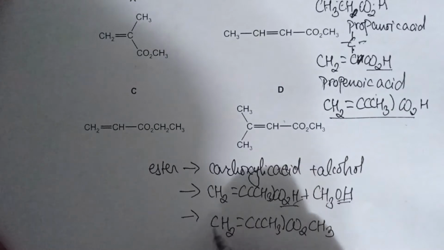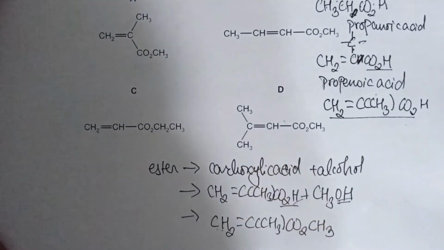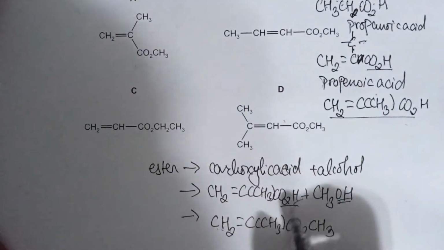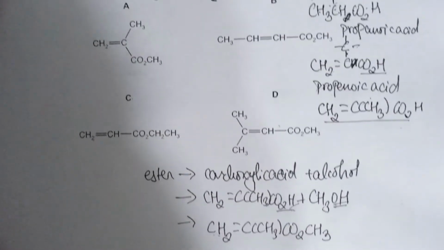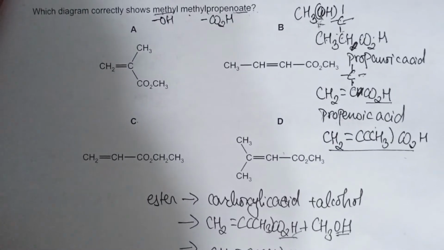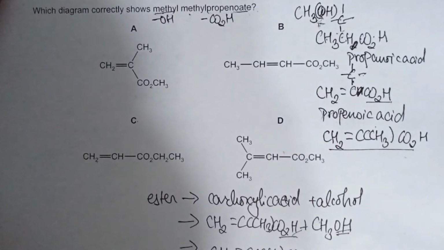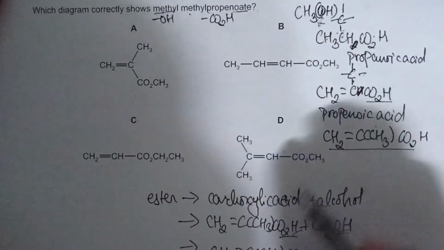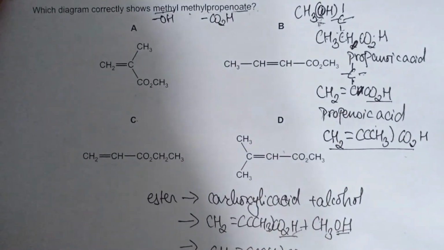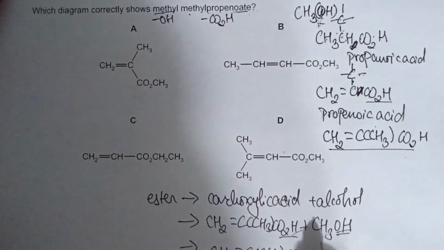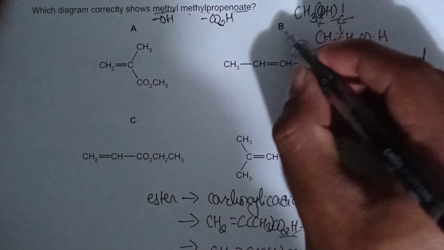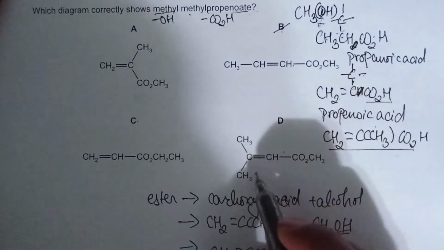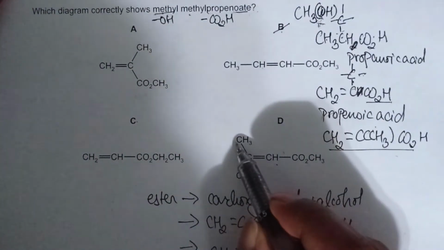Now let's look at the options first and eliminate the obviously wrong ones. In our final answer, the double bond is between the first and second carbon atoms. In option B, the double bond is between the second and third, so we rule this out. In option D, the double bond is also between the second and third, no matter which way you go.